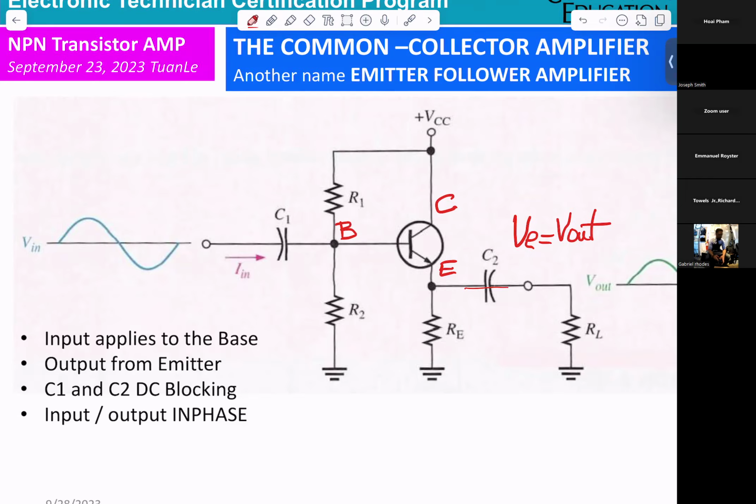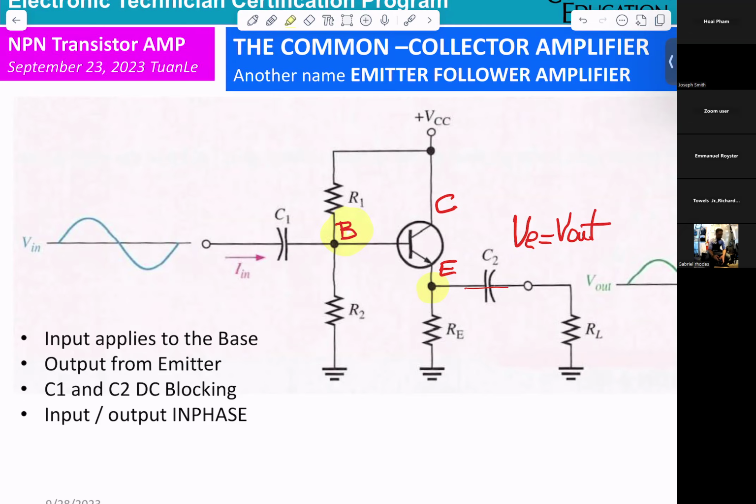Now, this one is very simple. If you want to calculate the VB, use the voltage divider. And VC or VCC is the same. After I talk about the DC calculation, you can calculate the VE equal to VB minus 0.7.